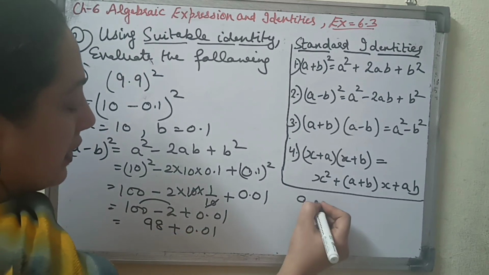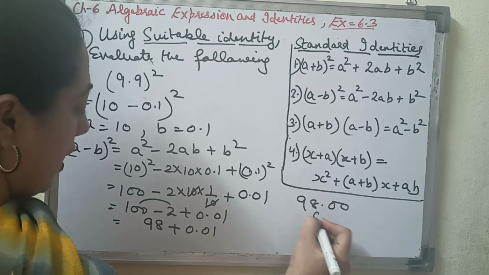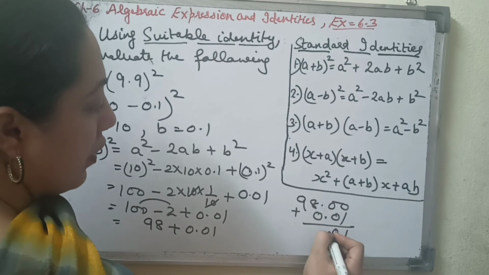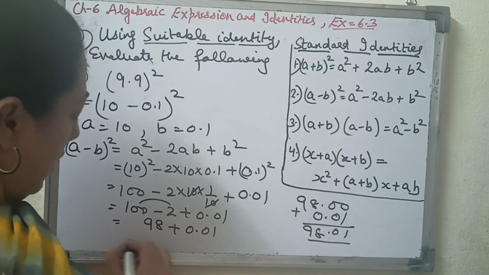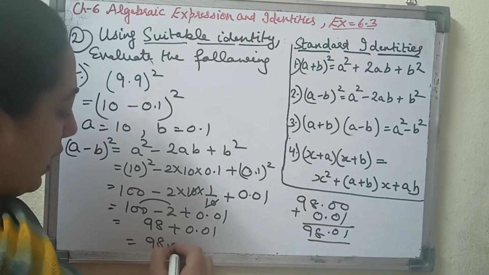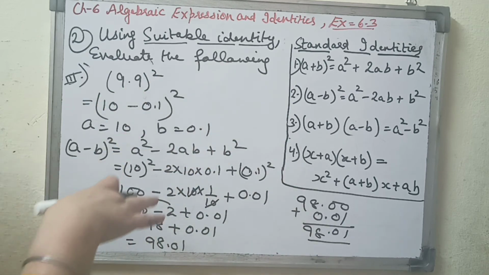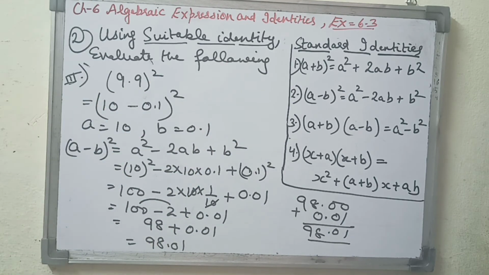Now do the addition, 98.00 and 0.01. Its answer is 98.01. You can also check the answer by multiplying 9.9 with 9.9, you will always get 98.01.